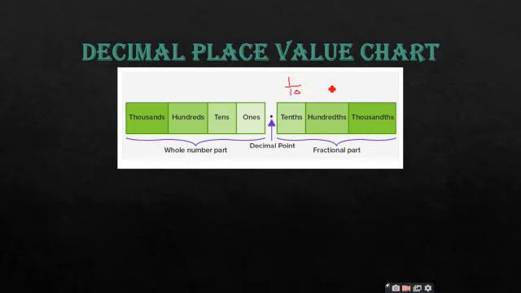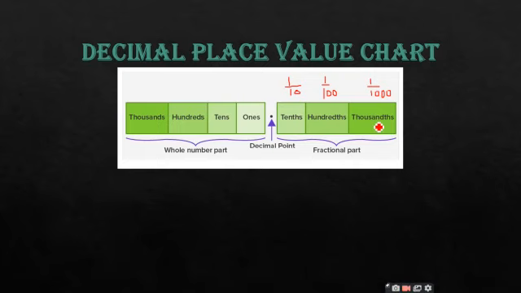Then we have hundredth, which means 1 upon 100, and then we have thousandth, which means 1 upon 1000. That's why these are called the fractional part. So after the decimal point we have the place values tenth, hundredth and thousandth.